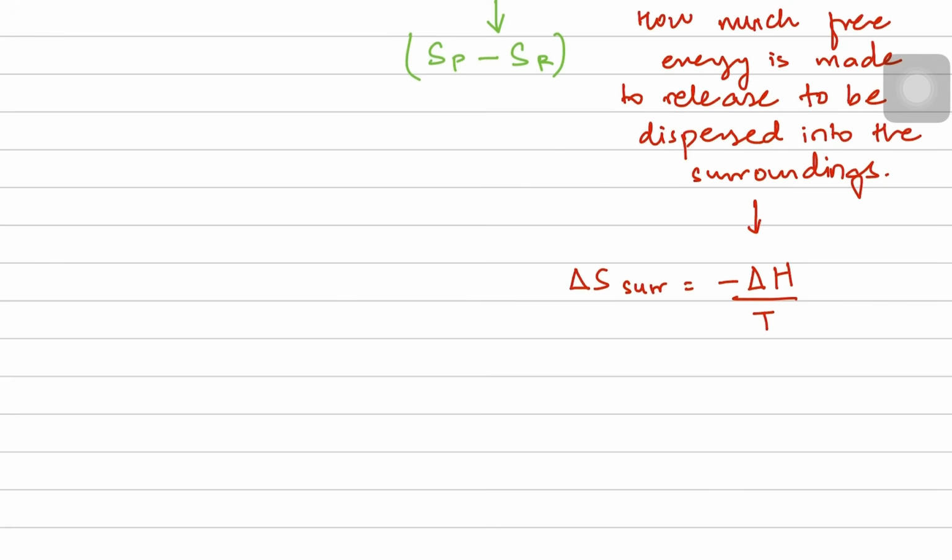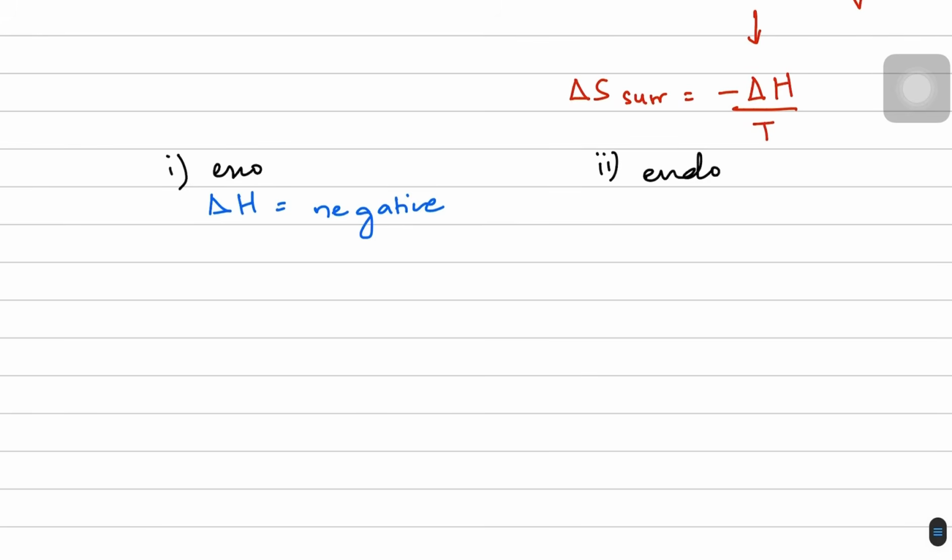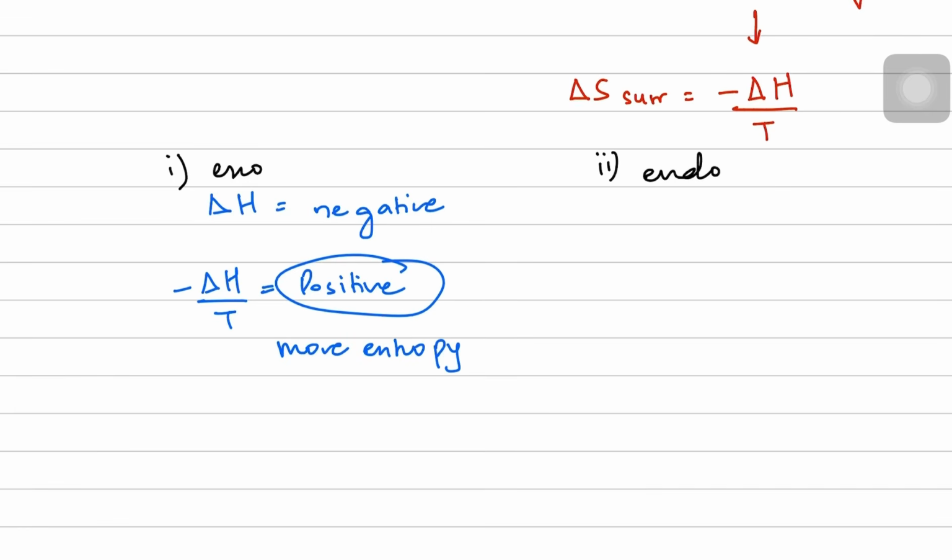Now we have two possibilities, either an exothermic reaction or an endothermic reaction. If it's an exothermic reaction, the enthalpy value is negative, but the formula which already has a negative in it will give us a positive number, which means more entropy change, like we already predicted that exothermic reactions can give more entropy change for the surrounding.